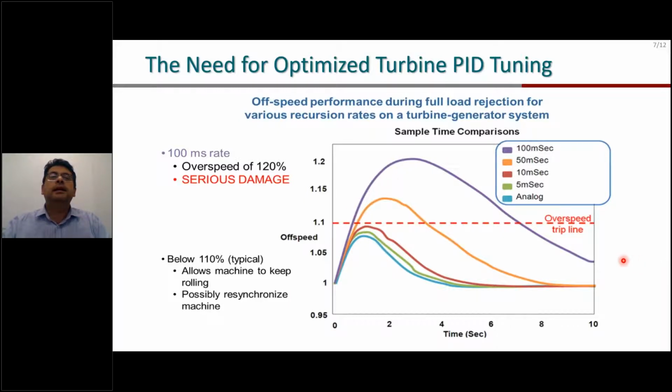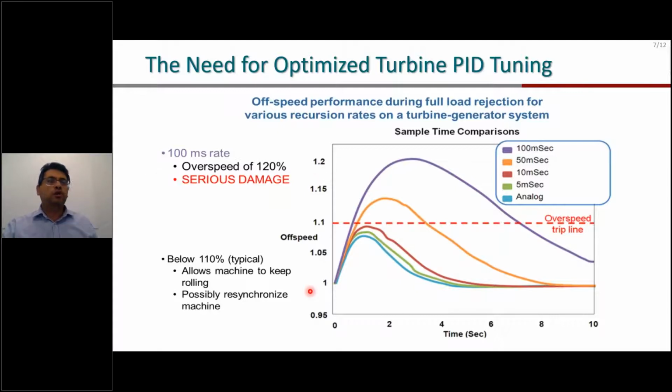That is basically outside of your capability, because the controller itself needs 100 milliseconds to take an action. In some cases, this 100 milliseconds can cause serious damage, especially in steam turbine applications, where people usually design the turbine so that serious damage occurs if you go above the maximum governor speed by 20%, which is 120%.